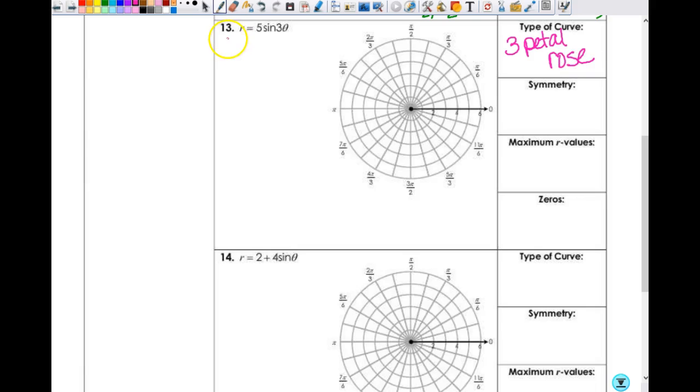All right, so -1 is less than or equal to the sine of 3 theta, which is less than or equal to 1. So say if sine of 3 theta is equal to -1, then the absolute value of r is equal to the absolute value of 5 times -1, which is the absolute value of -5, which is 5.